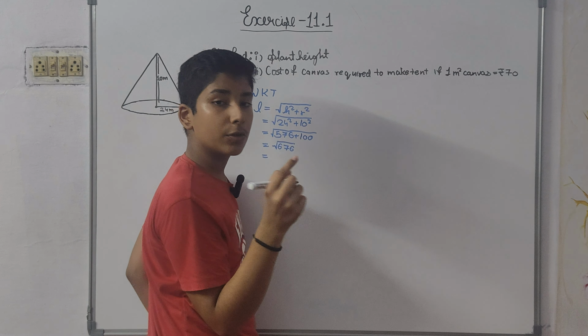Now we'll find the cost of canvas required to make the tent. The cost will be the amount of money per meter square for the canvas multiplied by the curved surface area. Why curved surface area only? Because the tent won't require the base to be covered.